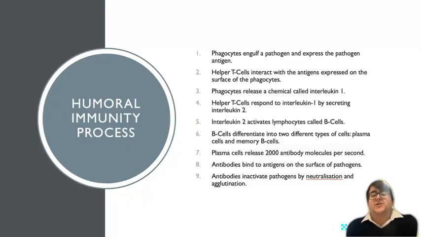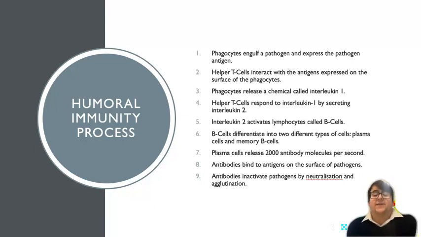The first one is the phagocyte engulfs a pathogen and expresses the pathogen's antigen. Helper T cells interact with those antigens expressed on the surface of the phagocytes, and the phagocytes release a chemical called interleukin-1. Helper T cells will then respond to interleukin-1 by secreting interleukin-2.